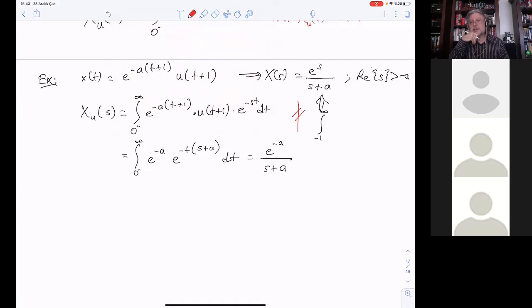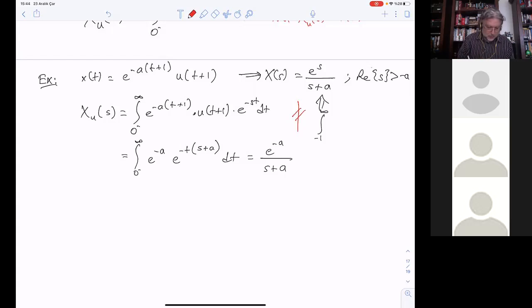Furthermore, I don't need to indicate the region of convergence for this last expression. There is a pole at minus a, and the region of convergence is to the right of minus a. That's the automatic region of convergence that we have.